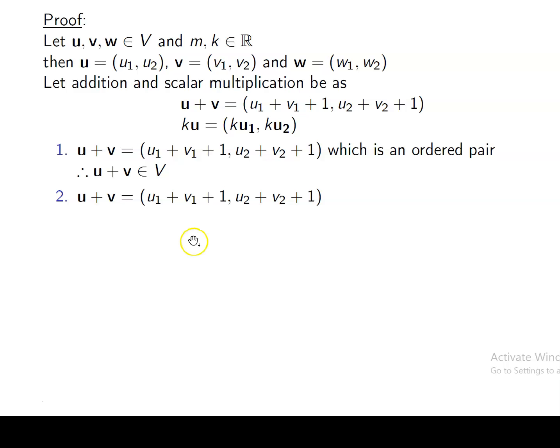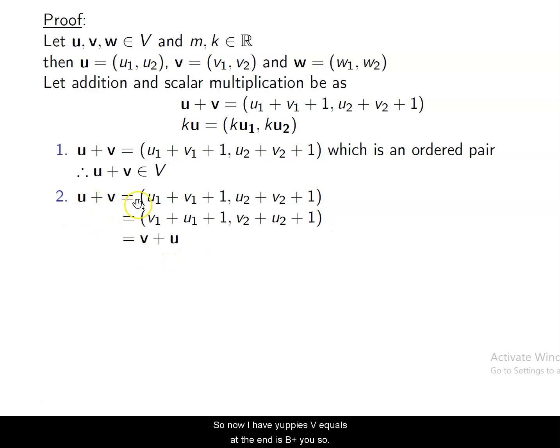So U's are in front because that's what U plus V looks like. So if I swap the orders of the U's and V's, well, hey, guess what, you guys? That is what V plus U looks like. So now I have U plus V equals, at the end, V plus U. So if you get stuck, if you're here and you start to work your way down, you can always think about where you're trying to go and work up from there, and you should meet in the middle.